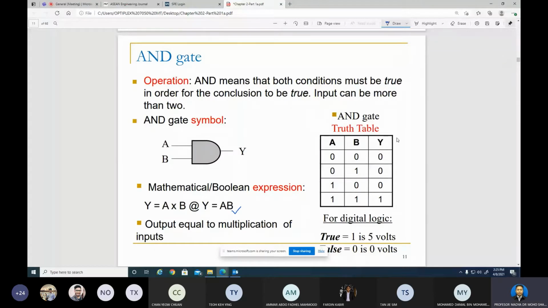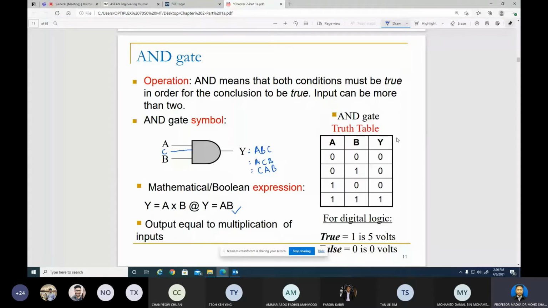For example, we have another input here, which we can call C. So the output y is equal to A, B, C. Or you can write A, C, B, or C, A, B. All will be correct answers.